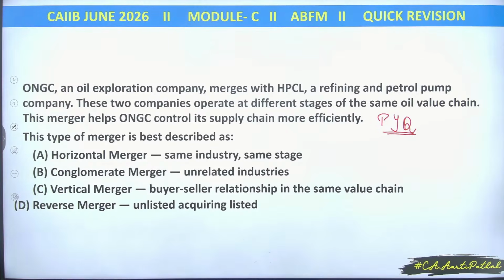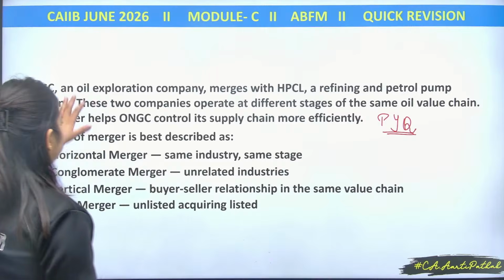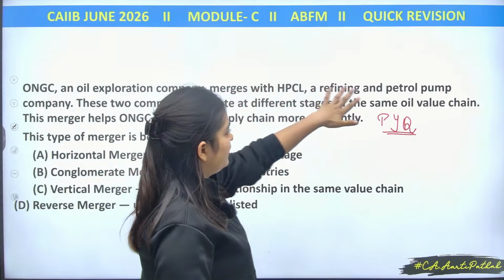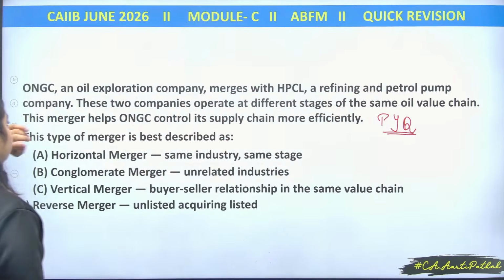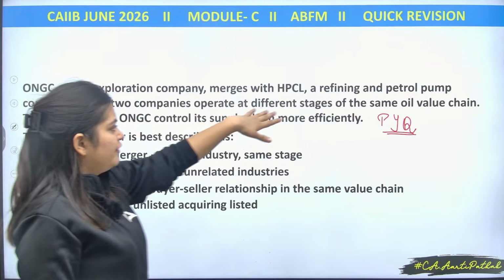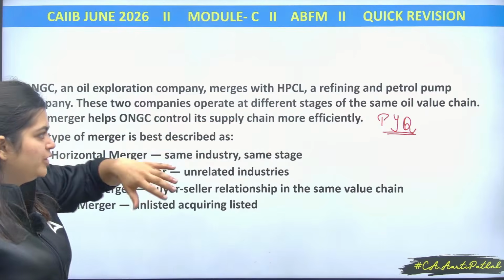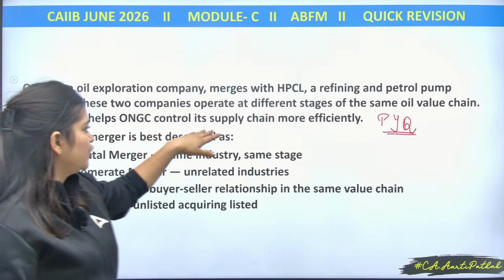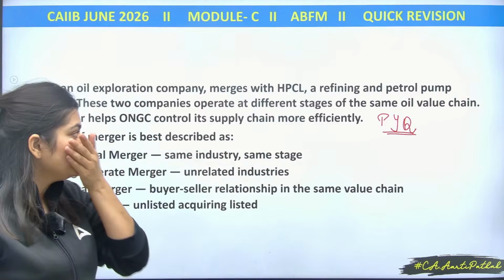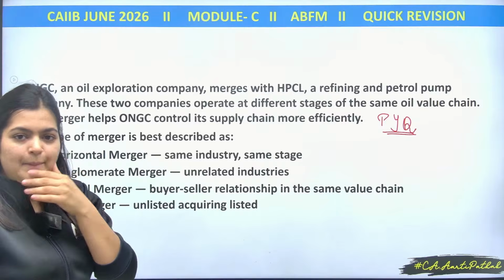So ONGC, an oil exploration company, merges with HPCL, a refining and petrol pump company. These two companies operate at different stages of the same oil value chain. The merger helps ONGC control its supply chain more efficiently. See what is happening here.